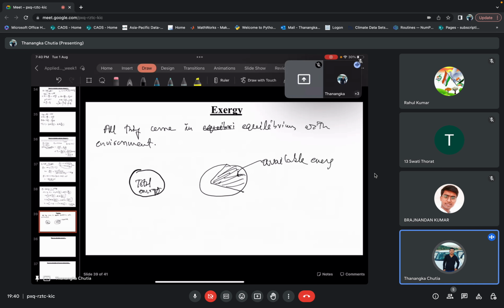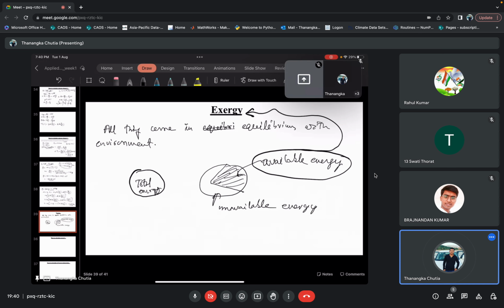So I can name this the available energy, and this part is basically your unavailable energy. And why is it unavailable? Because the environment will play some role in this part of energy. So this available energy is basically the exergy, that is the maximum possible energy that we can take from a particular system.